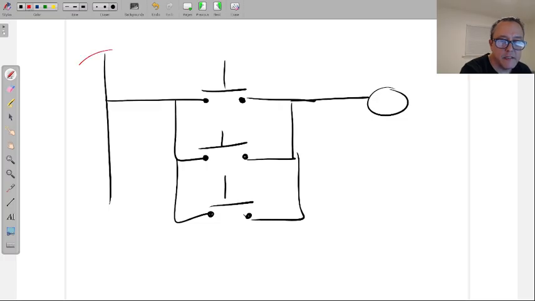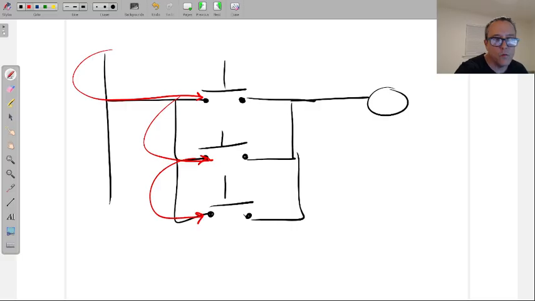Electricity, where is it, where isn't it, right? Going into the circuit, going into this push button, going into this push button. Either one now, any of these. If I press this one, load is energized. If I press this one, load is energized. If I press that last one, load is energized, independent of each other. So anytime things are in parallel, then we have the either-or.